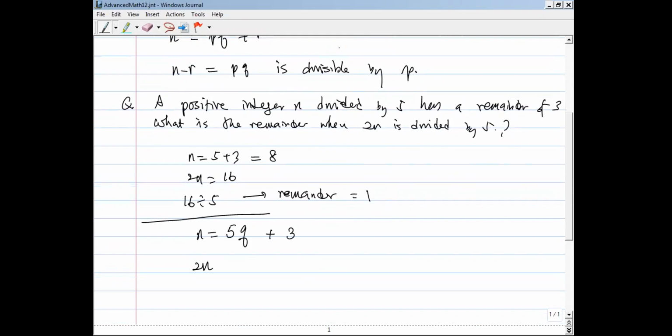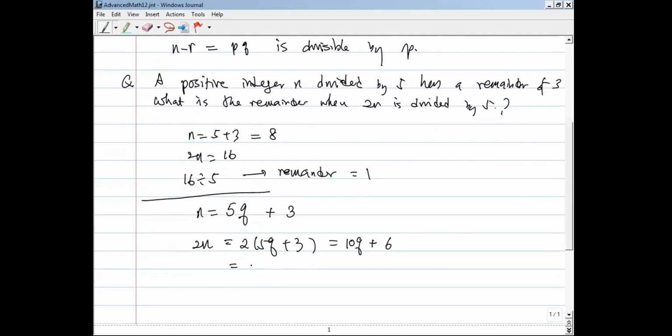So 2n is going to be 2 times 5q plus 3. You multiply this out, it's going to be 10q plus 6.